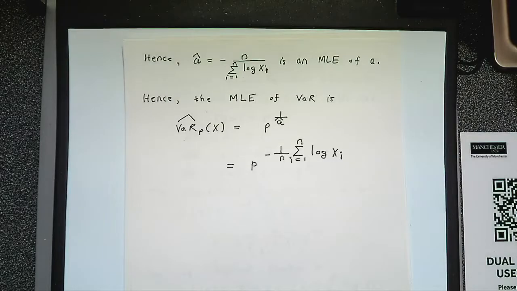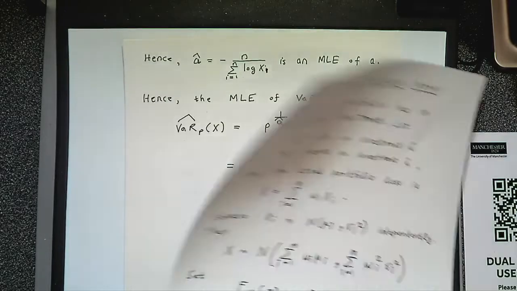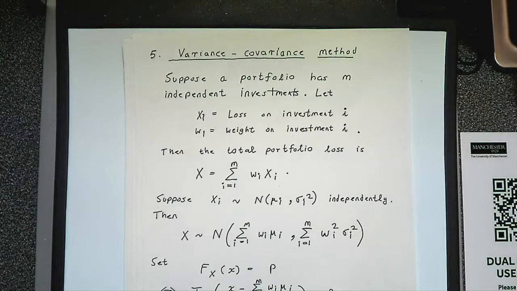The fifth of the parametric methods is known as the variance-covariance method. In this case, you have a portfolio with M independent investments, and suppose Xi denotes the loss on investment i and Wi denotes the weight on investment i, because some investments may be more important than others, so you have weights.